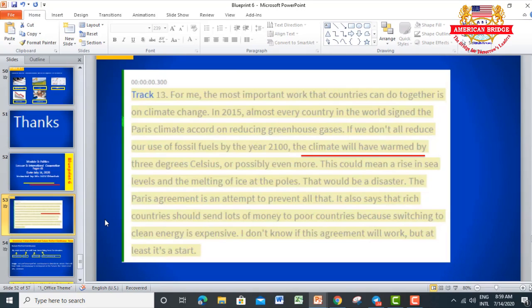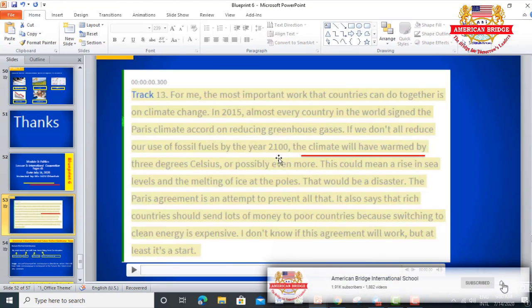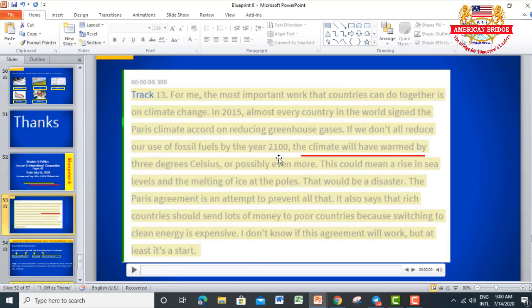Okay, so you can see here, they put: if we don't reduce our use of fossil fuel by the year 2100, the climate will have warmed by 3 degrees Celsius or possibly even more. So now we are in 2020, not 2100. And can we predict the climate at that year? Okay, whether it will be 3 degrees Celsius or not?